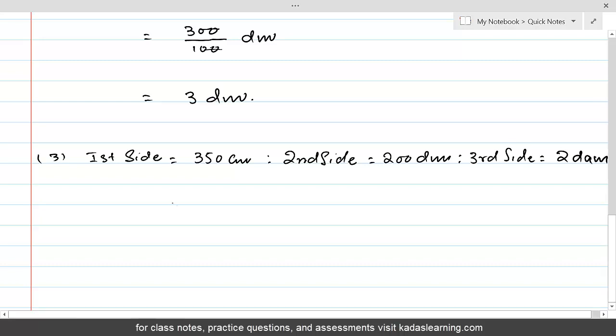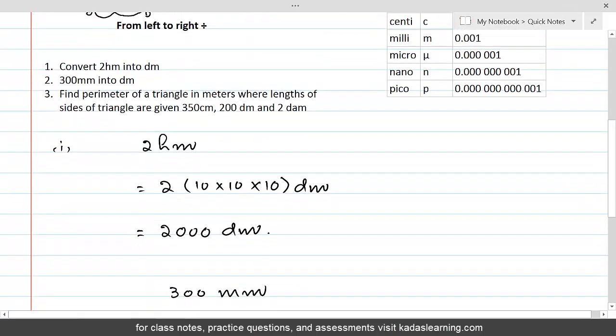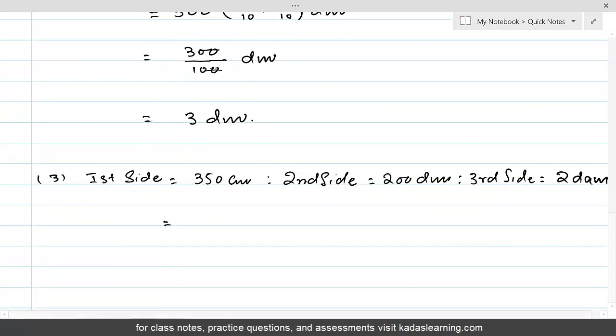For converting centimeters into meters, you have to make 2 steps, moving toward the right. So you will basically divide by 100. Let's divide 350 by 100, because through 2 steps you divide by 10 each time, which makes it 100. So this will be in meters now.